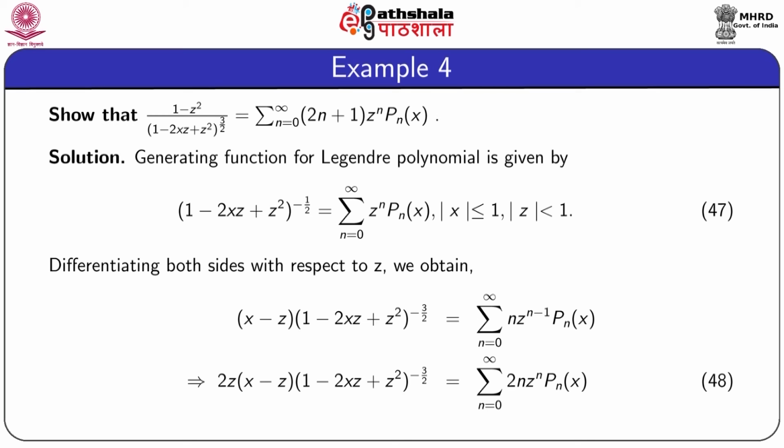We now differentiate this expression with respect to z on both sides, and we obtain (z - x)(1 - 2xz + z^2)^(-3/2) equal to the summation n = 0 to infinity n z^(n-1) P_n(x). We now multiply both sides by 2z and we get expression 51.